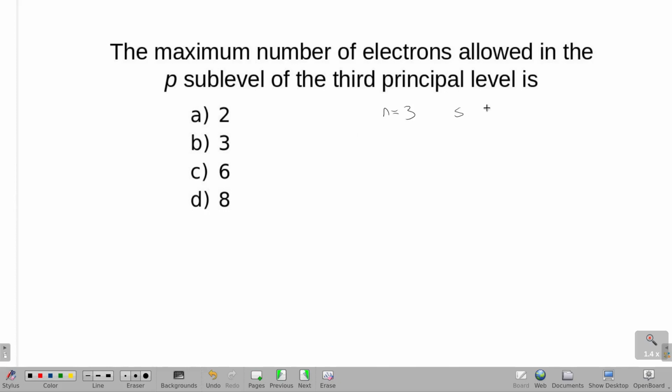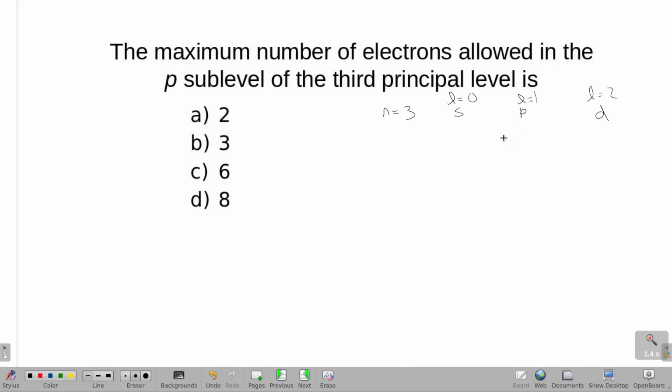So we had our s orbitals, which were L equals 0, and p orbitals, which is L equals 1. Well, we really just want to know if you can have an L equals 1 on that 3rd shell. And yeah, you can, because on the 3rd shell, we can have 3 of these. We could even have an L equals 2, which is a D. All 3 of these orbitals exist on that 3rd level. So the p's do exist. So there's at least 1 p orbital.